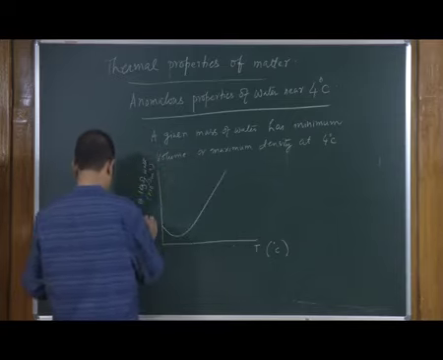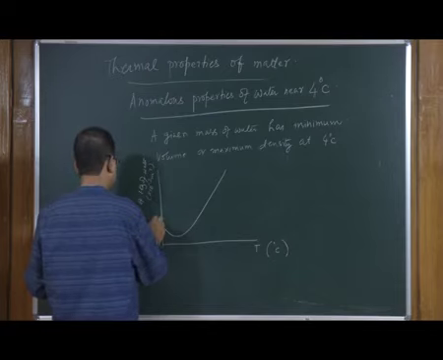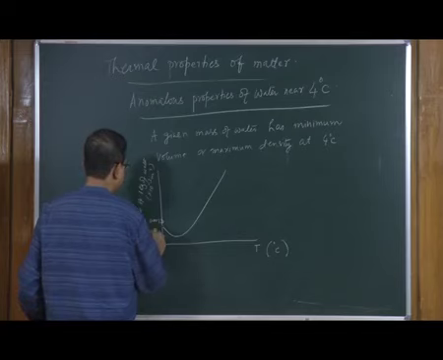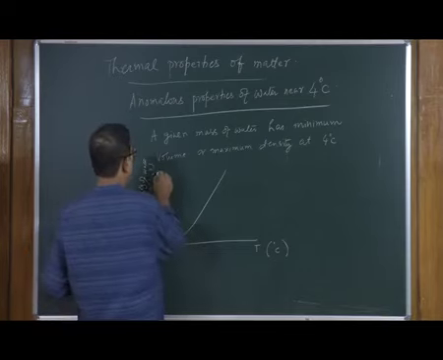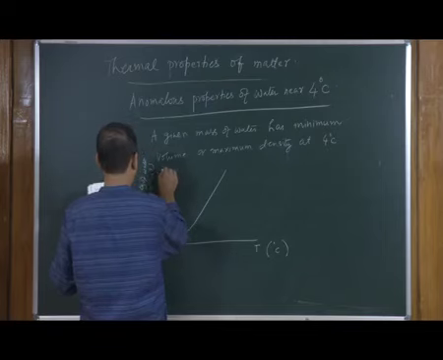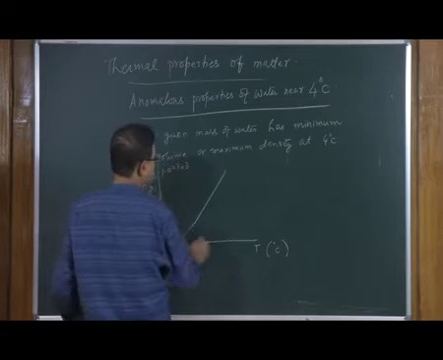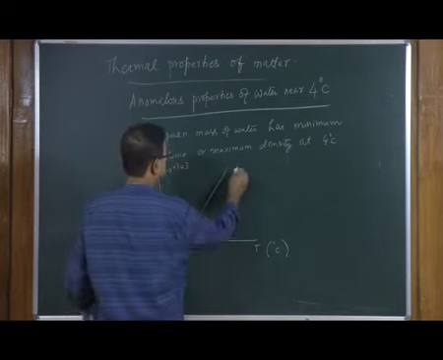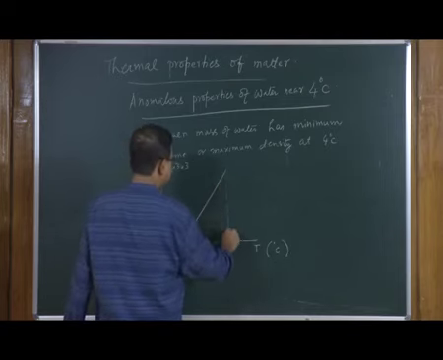So, it decreases from 1.00013 to a value which is exactly 1 with that many decimal points, and rises to about 1.04343, close to 100 degree centigrade.